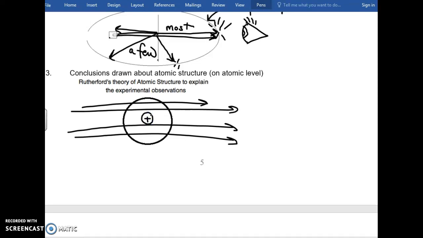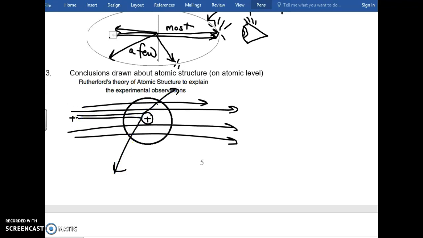So it stands to reason if most of your atom is empty space, that means your mass had to be in one particular area, which he called, or came to be called, the nucleus. Since you have these alpha particles, once they encountered the positive nucleus, they bounced off. They bounced off in different directions.